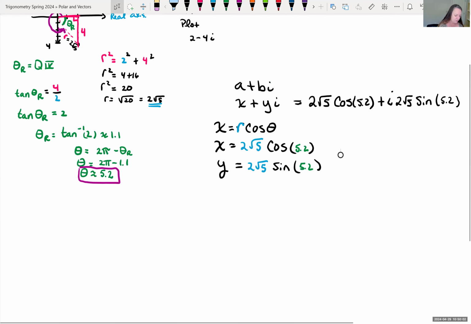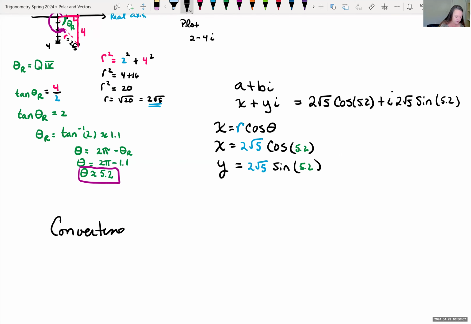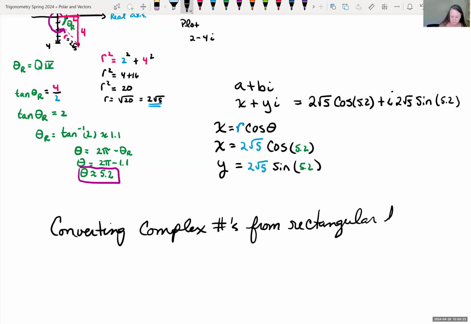Converting from rectangular coordinates for a complex number, converting complex numbers from rectangular form to, depending on your book, they're either going to call it polar form of complex numbers or trigonometric form of complex numbers.